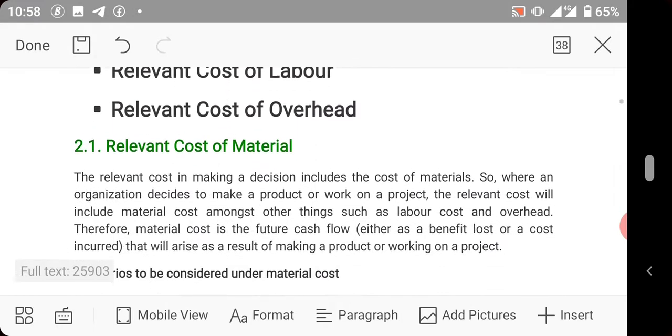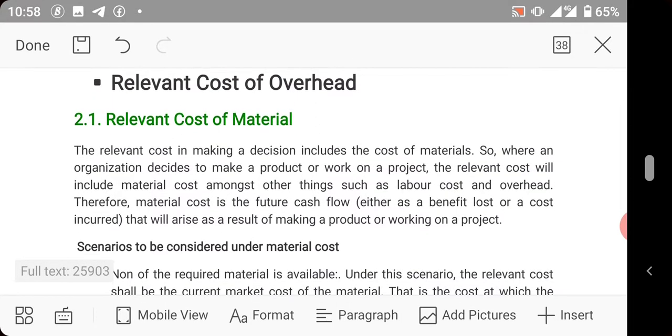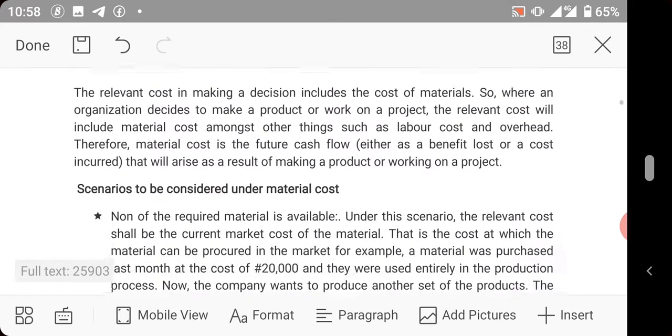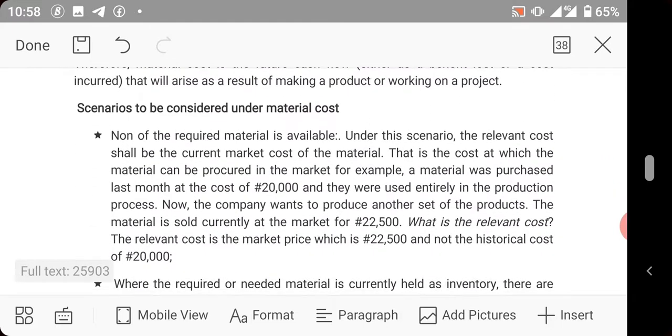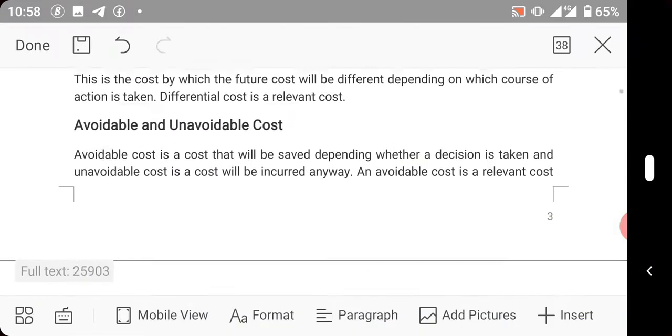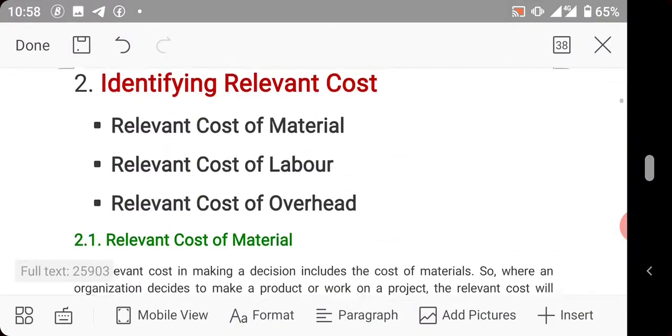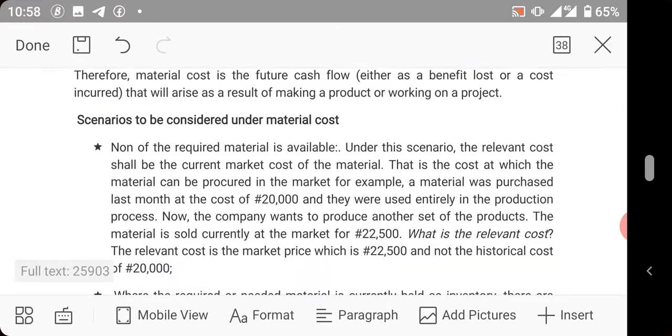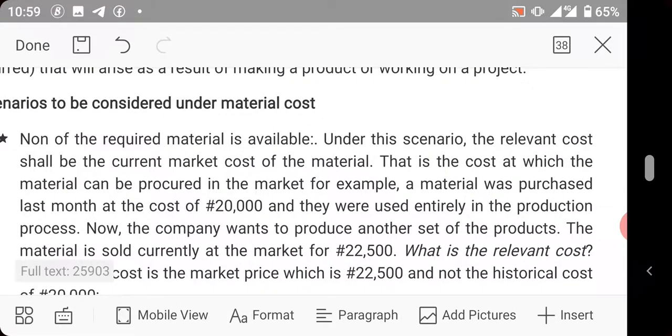Now, relevant cost of material. When we talk about relevant cost of material, there are three scenarios I explained and identified. The first scenario is none of the required material is available.